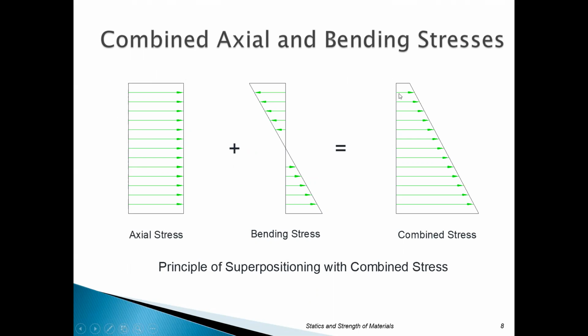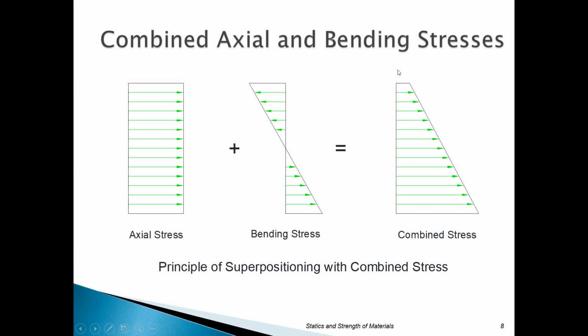When you add them together, you get a lot less going this way. But when we go down here, this one goes all the way out more. So this would be our combined stress. And if you notice up here, our combined stress is less at the top of the beam, more at the bottom. Now, you can also have a point, because this is showing you have all positive stress.